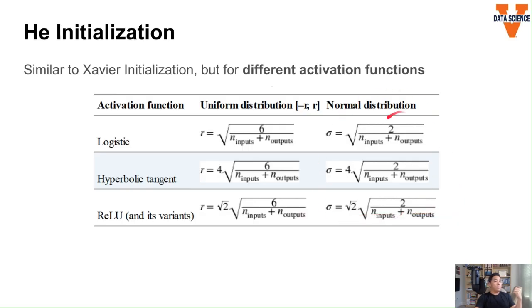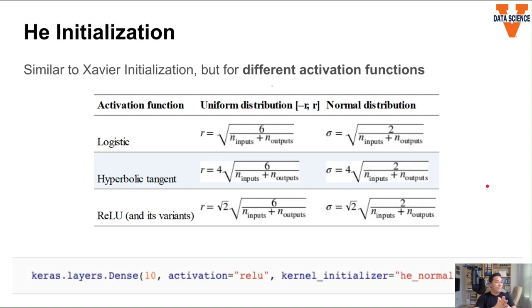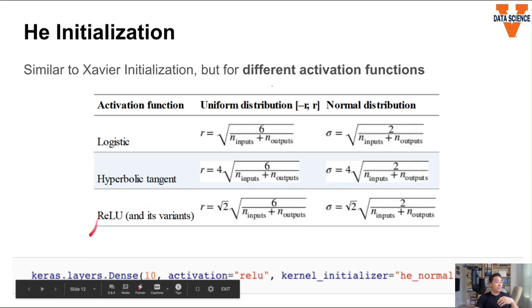And if you use normal distribution, you can use this to calculate the standard deviations to initialize the weight. Well, not randomly, based on some Gaussian normal distribution, of course. Okay, so we mentioned a bit of using Keras. You can implement this initialization in Keras. Simply use this keras.layers.Dense and set the kernel initializer with he_normal.